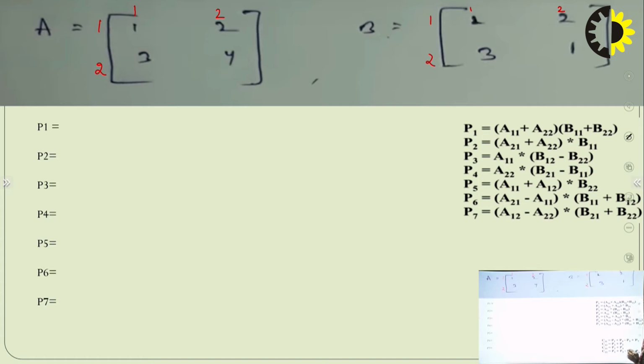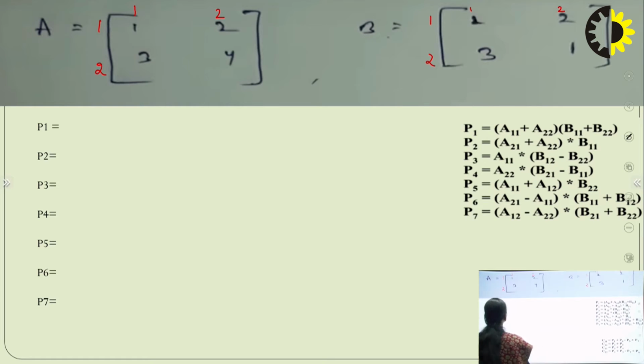Now, calculating the value of P1, P2, P3 up to P7 by using the formulas given by Strassen. How are we going to calculate the value of P1? This is A11 plus A22, multiplied by B11 plus B22.